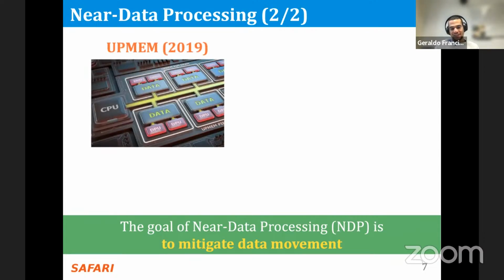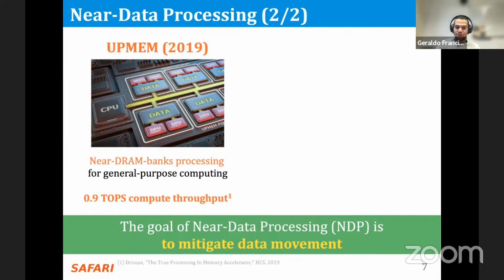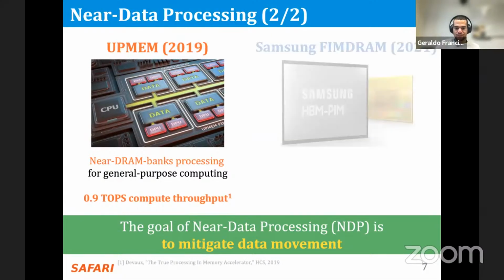So I'm going to highlight two architectures here that have already been covered in this class. The first one is the UPMEM architecture, which was developed by a company of the same name and demonstrated in 2019, which is a near DRAM bank processing system for general purpose computing, which can achieve up to 0.9 tera operations per second of compute throughput.